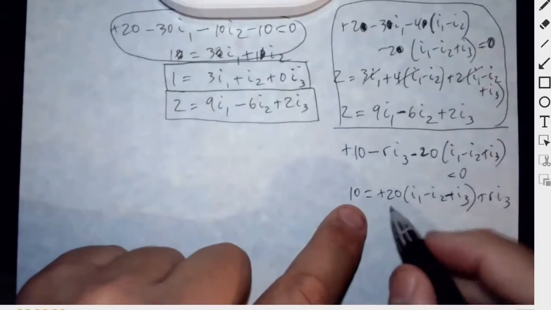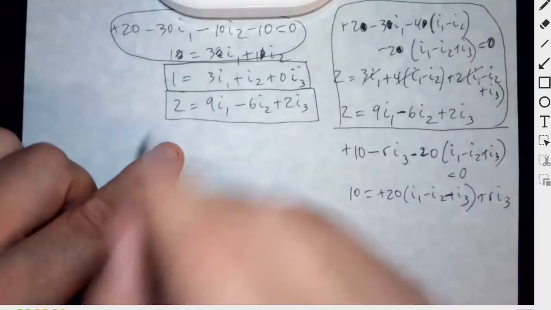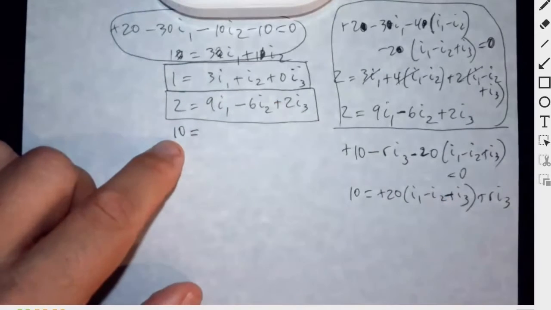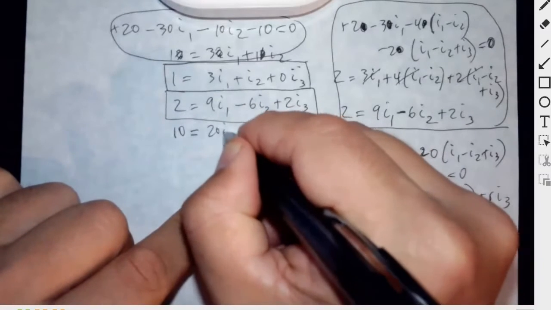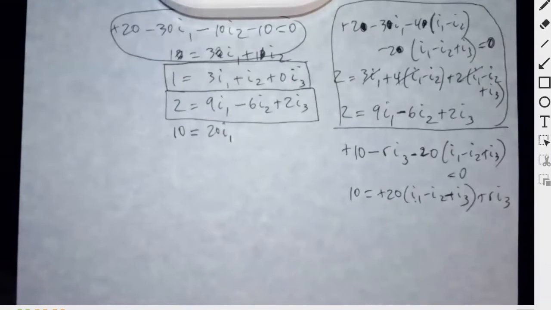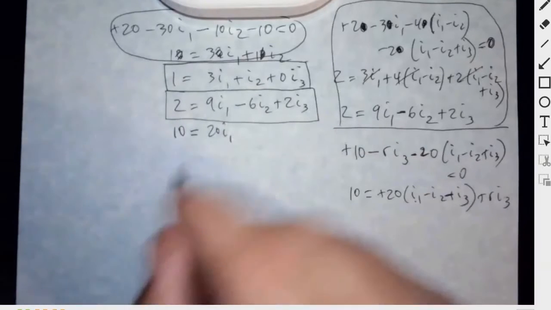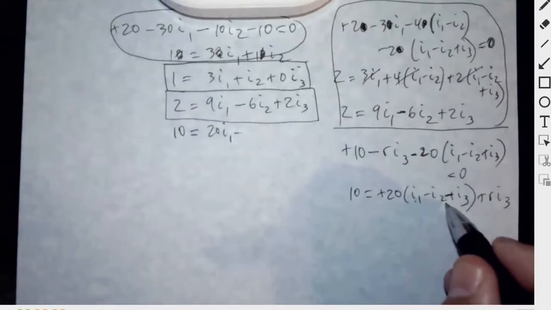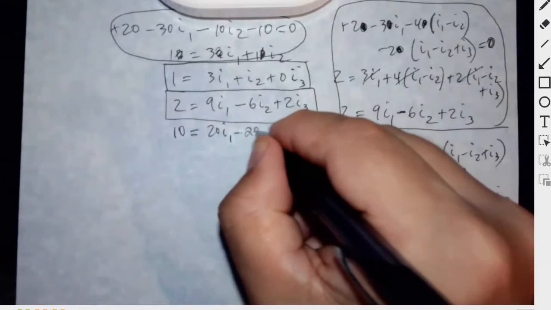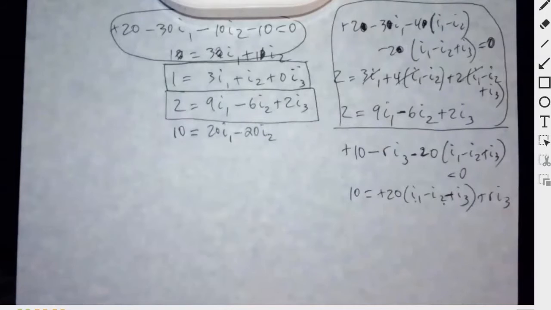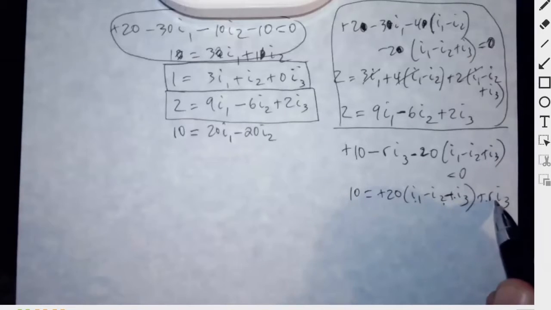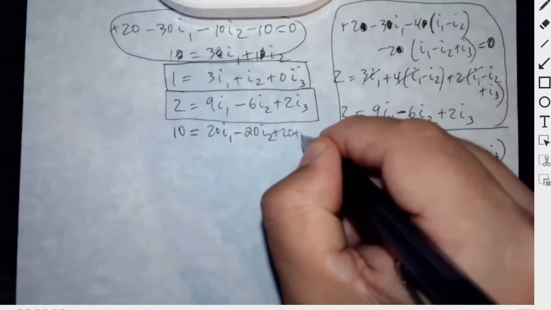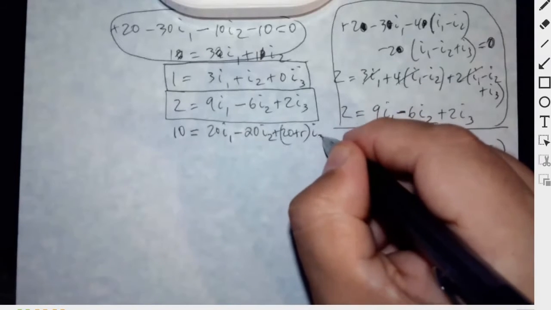Right, so then you're going to have here, okay, I'm going to put it here. 10 is equal to, okay, so 20 I1 is by itself, and then minus 20 I2, and then here I've got (20 plus R) I3.